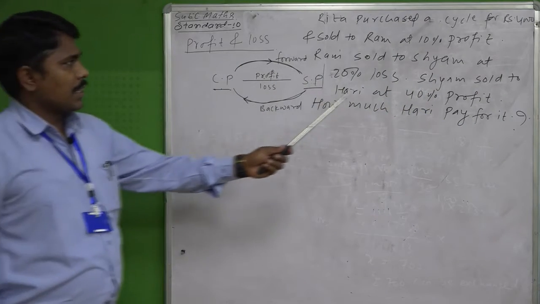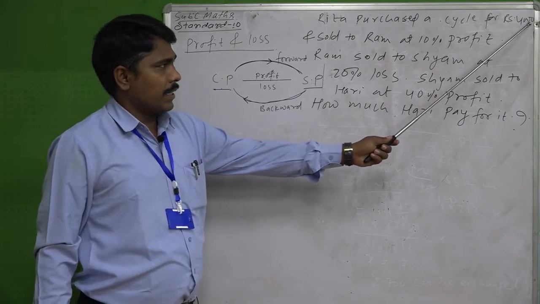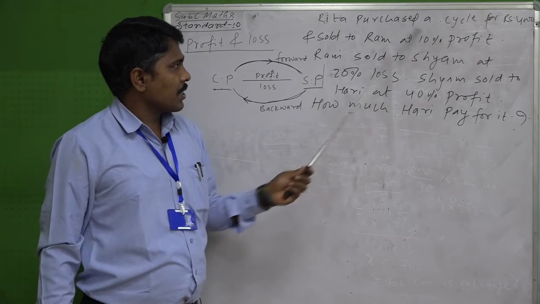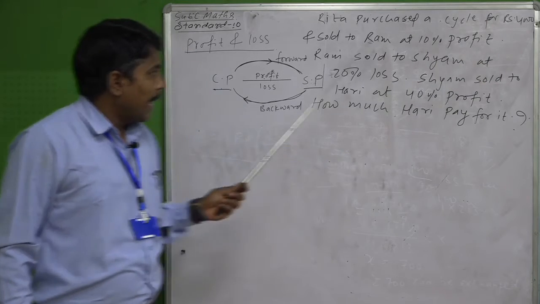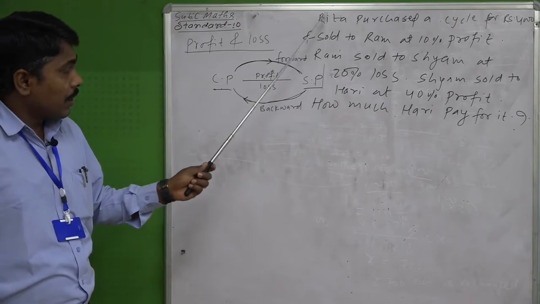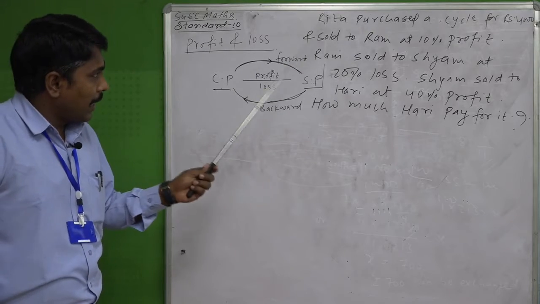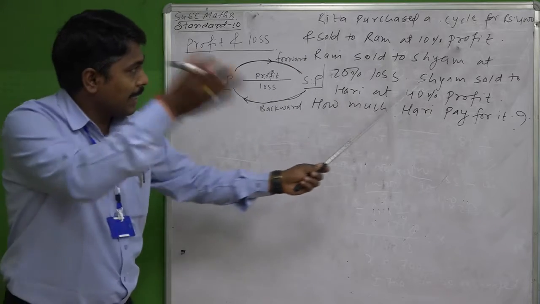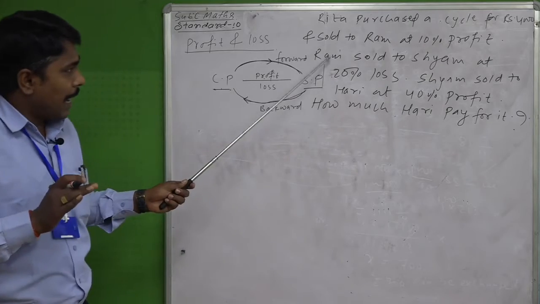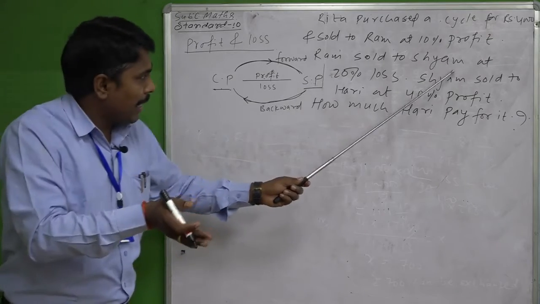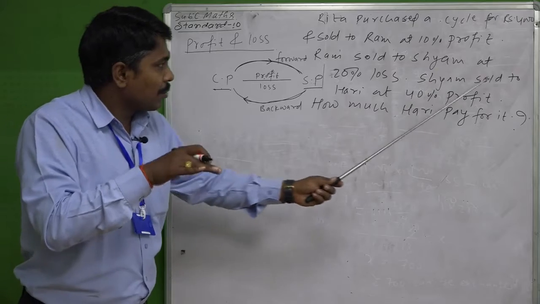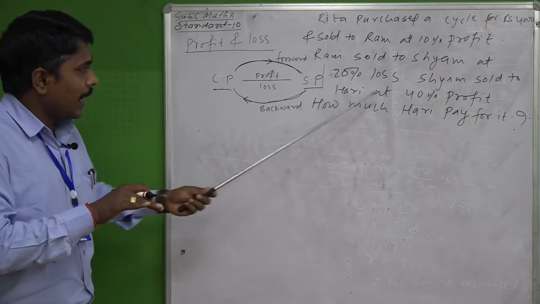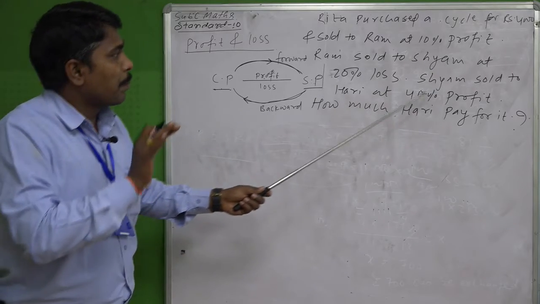Rita purchased the cycle for 4,000 and sold it to Ram at 10% profit, and Ram sold to Shyam at 20% loss. Now Shyam sold to Hari at 40% profit.